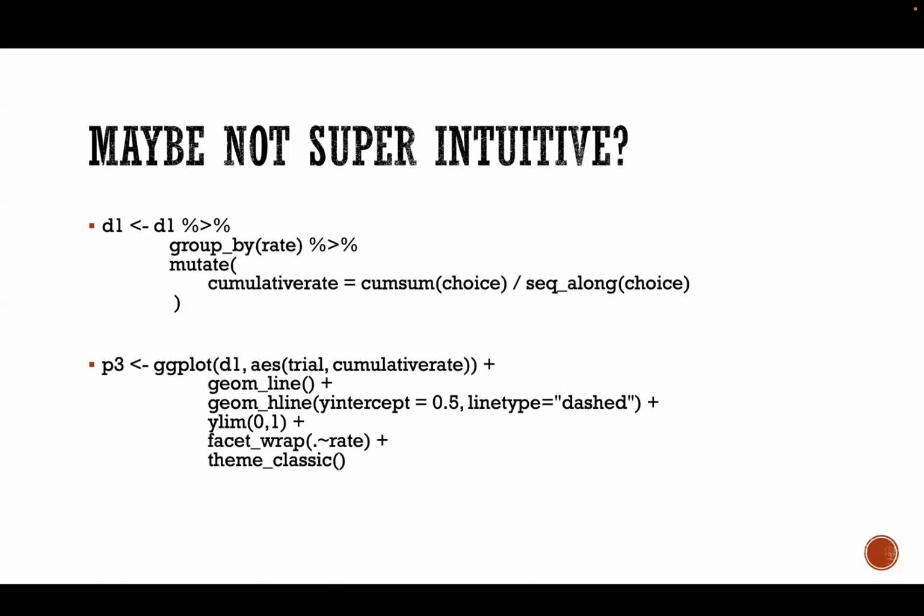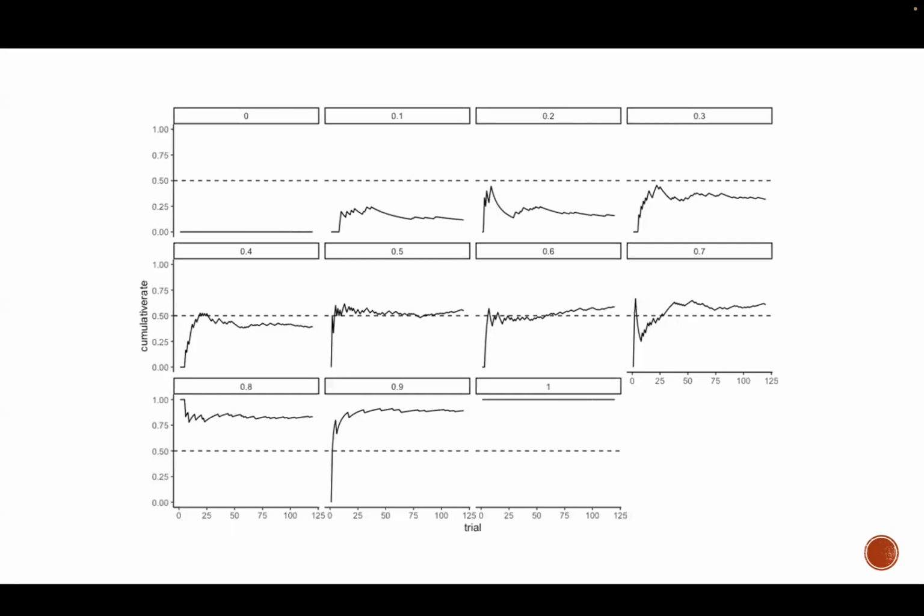And then as a reference, we're doing something new: we're adding a horizontal line, h-line, at 0.5, the random chance rate on the y-axis, and we make it dashed. So we have a reference of where it would be a perfectly random rate. Right, and then we visualize it. And this is how it looks. Is it better?